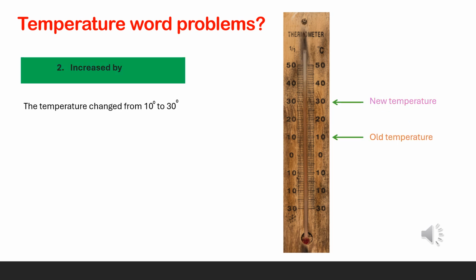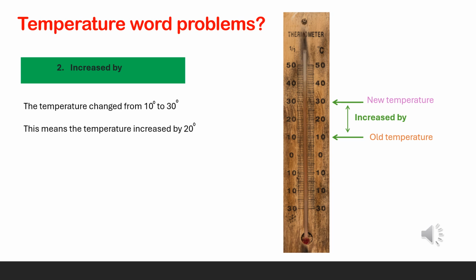Now let's look at the second key term, which is increased by. Let's look at the following example. The temperature changed from 10 degrees to 30 degrees. This time, my temperature has not dropped, but increased. It increased from 10 degrees to 30 degrees, which means my old temperature was 10 degrees and my new temperature is 30 degrees.